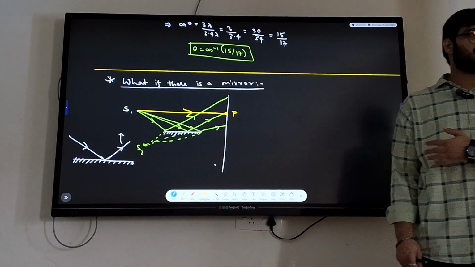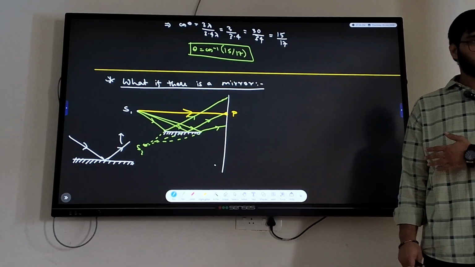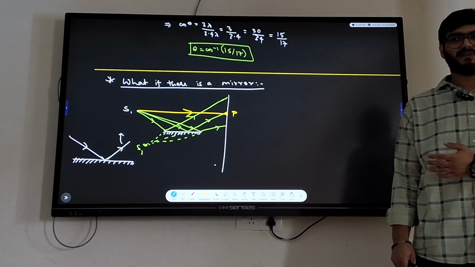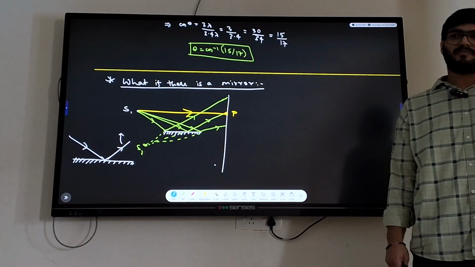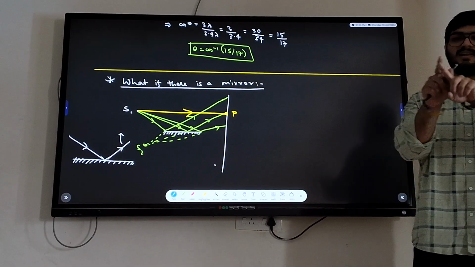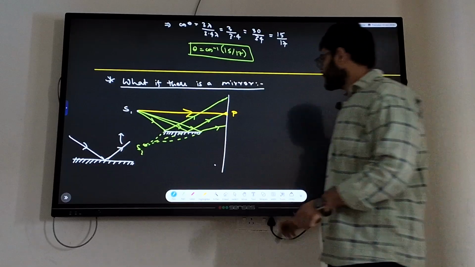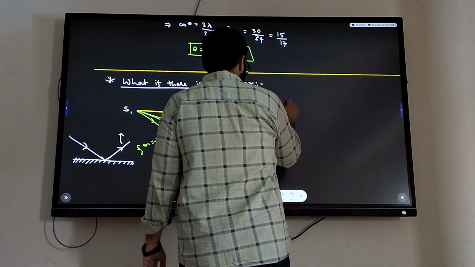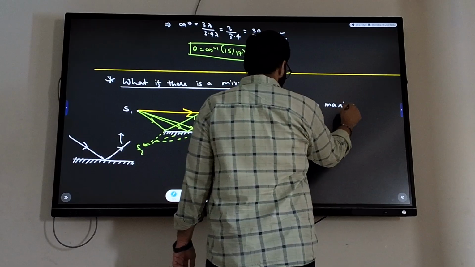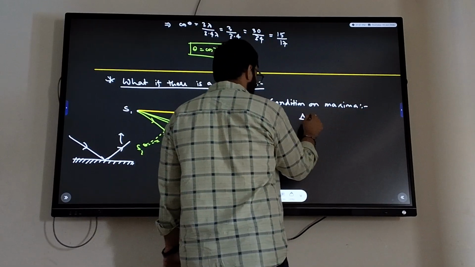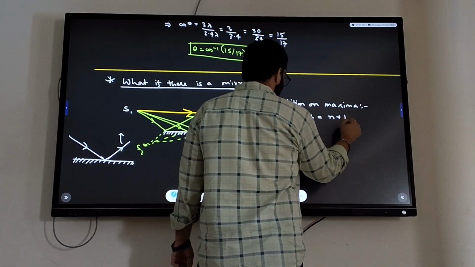Because there is already a phase reversal of pi radians, and I have already discussed this theory when I was talking about thin films. When there was only one thin film and there was a reversal of pi, then the condition on maxima becomes delta x should be equal to n plus half lambda.